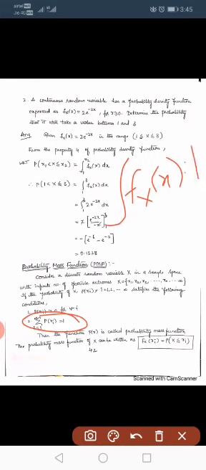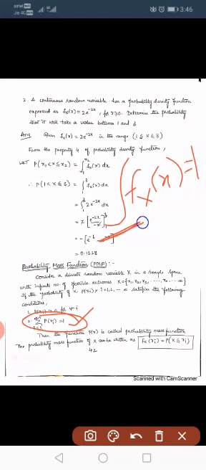So here the main difference between probability mass function and probability density function: both are almost the same, but the only difference is that the mass function is defined for a discrete random variable and the density function is defined for a continuous random variable.